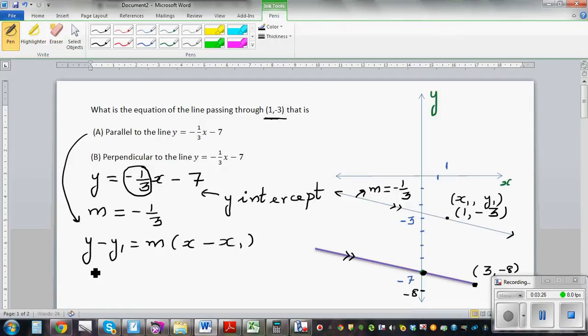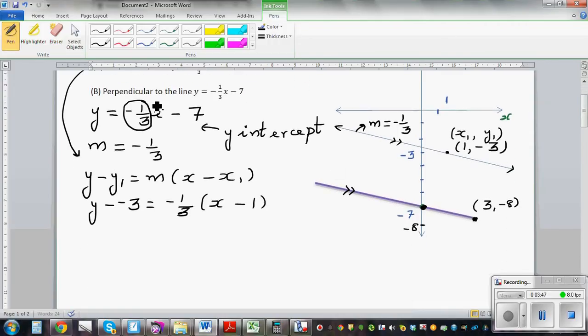So let's put in y1. y1 is negative 3, so y take away negative 3 is equal to negative 1 over 3 times (x minus 1). Okay, so let's simplify this.